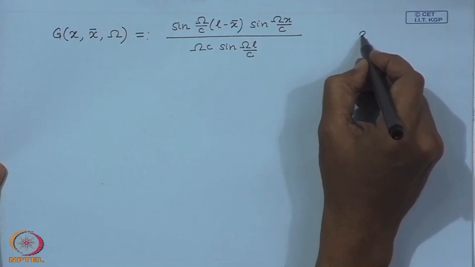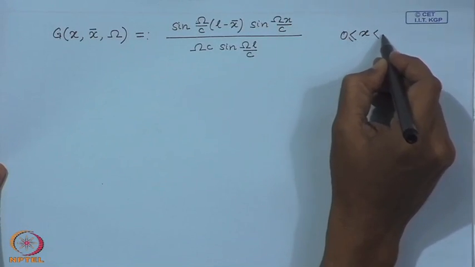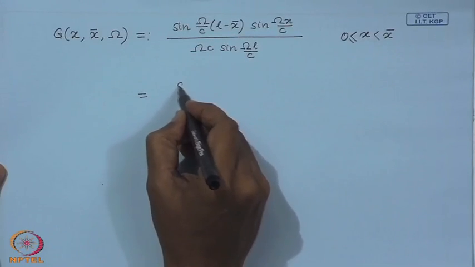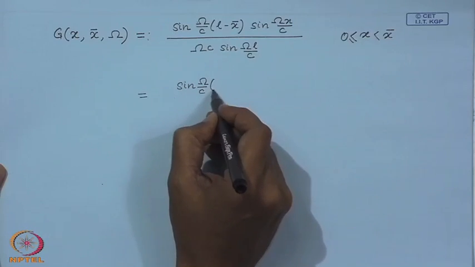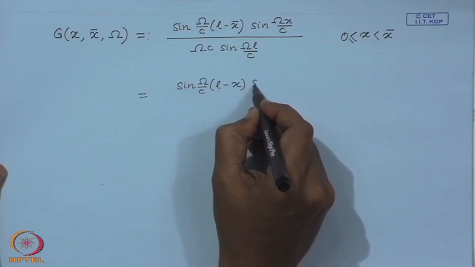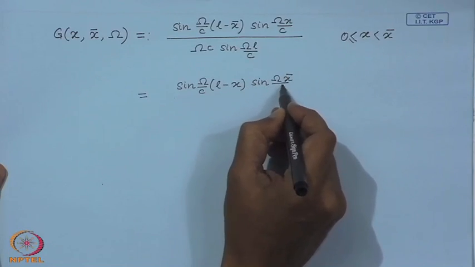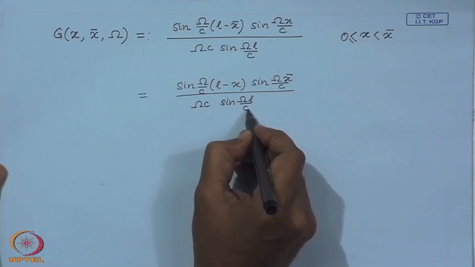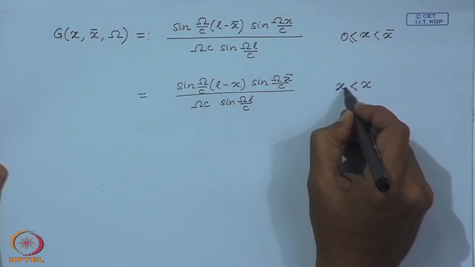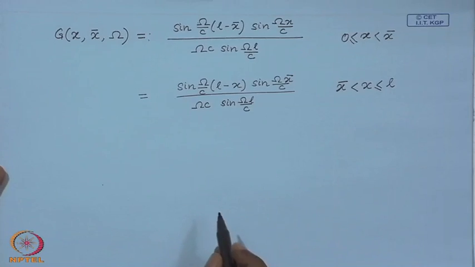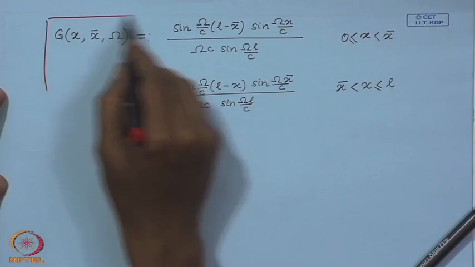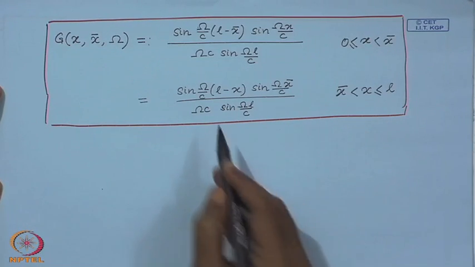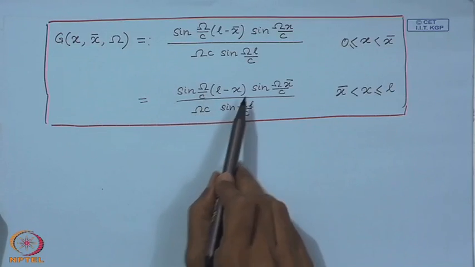so this, when x is between 0 and x bar. So this is our Green's function for the string when a concentrated harmonic force of circular frequency capital omega acts at x equal to x bar.